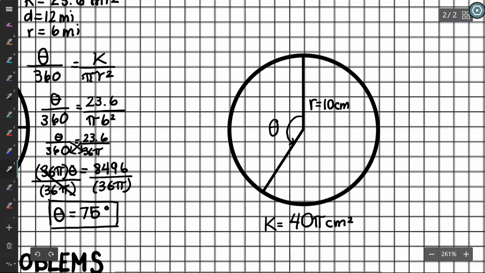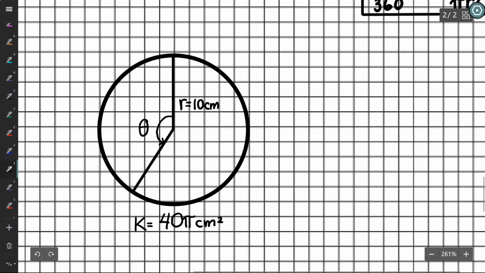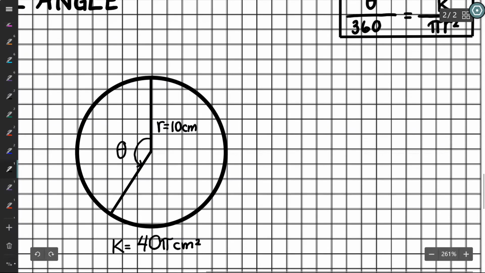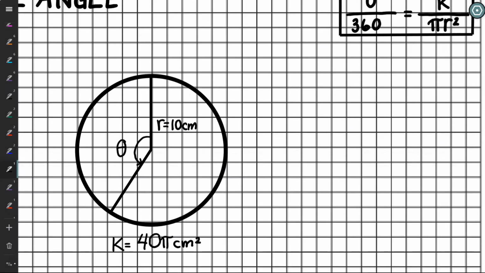And we're going to start with the same thing. So my k is 40 pi. This problem is a little bit different. It gives us our area in terms of pi, and our radius is 10. This is going to make it a little bit easier on our part. So now I'm going to substitute.